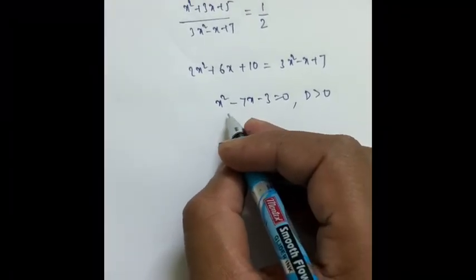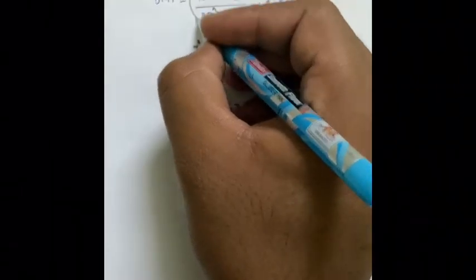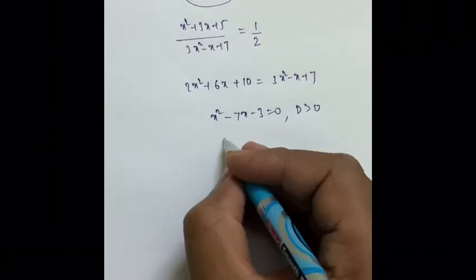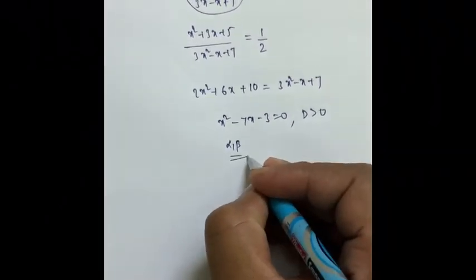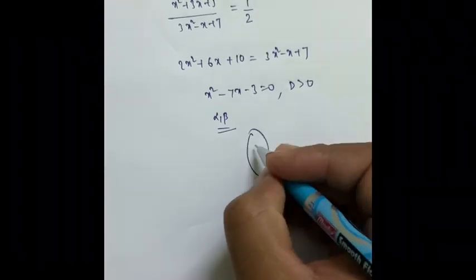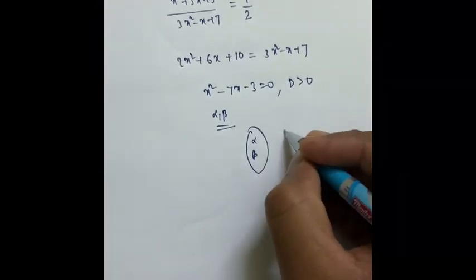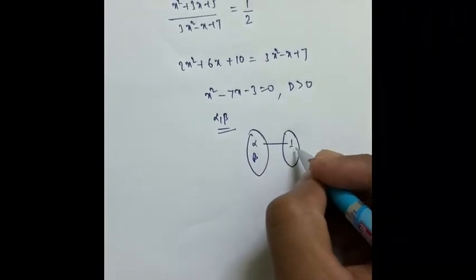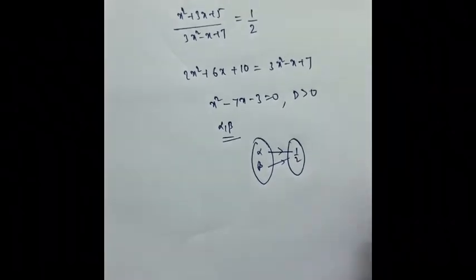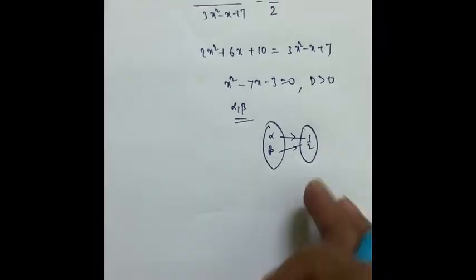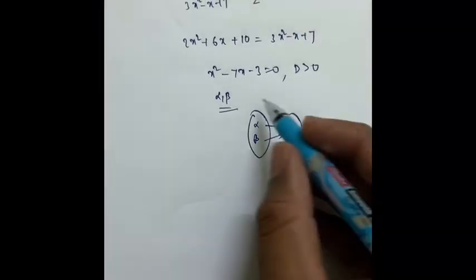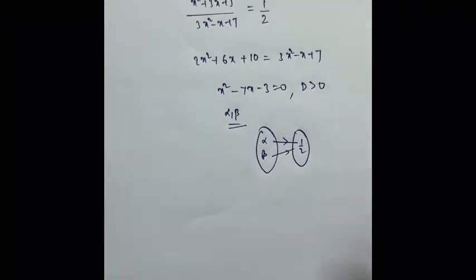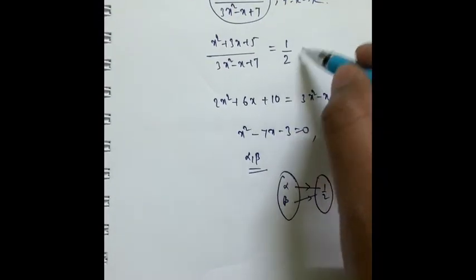So this function for two different values, alpha and beta, will give output as half. That is what is understood. And what are alpha and beta? They are the roots of this equation. We were lucky enough to get that by trying with half.